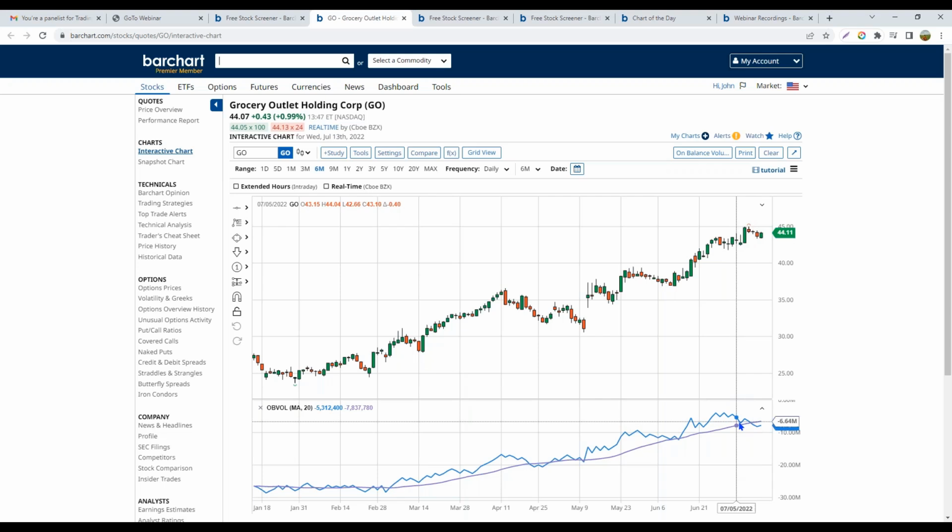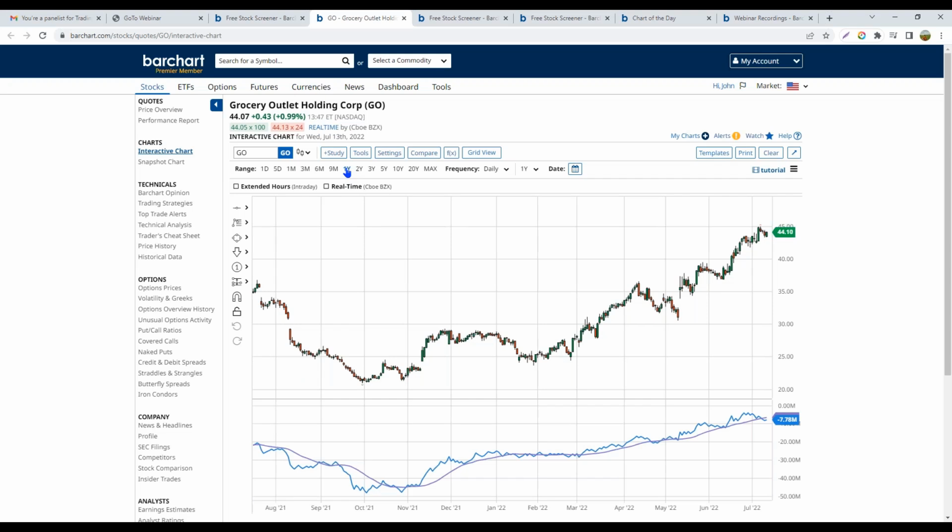So this could be an indication that this particular stock has maybe run its course. I'm only looking at 6 months, but let's look at this stock over the last year. It started moving back in October. So it's been October, November, December, and now we're into July. What's that, about 9 months? So maybe this stock has already run its course.